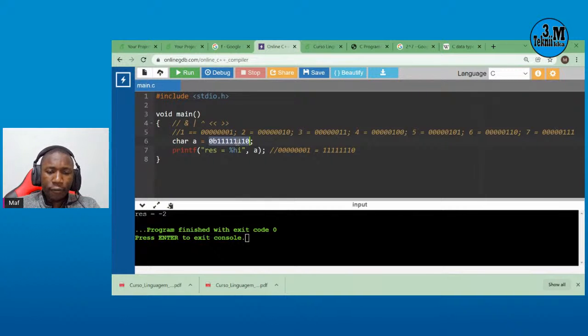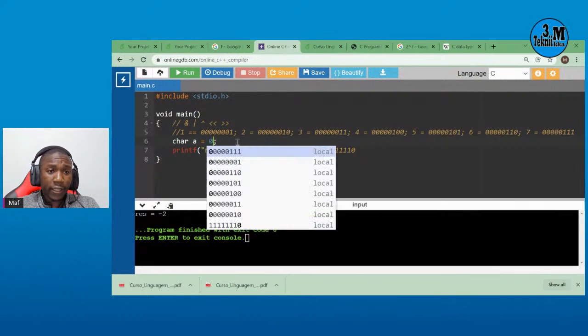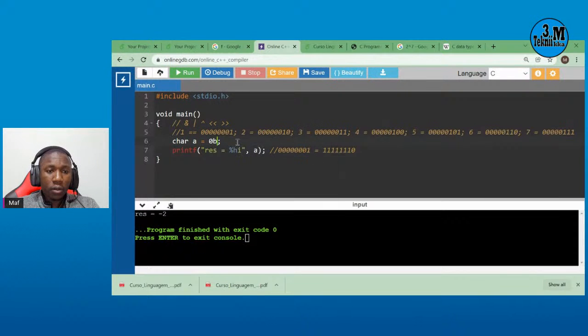But the negative values are a little bit tricky, because this is why I don't want to work with negatives. I don't want negative values anymore. I want positive values like this. I have 1 here, 0b, 1. This is negative. 1, 2, 3, 4, 5, 6, 7.